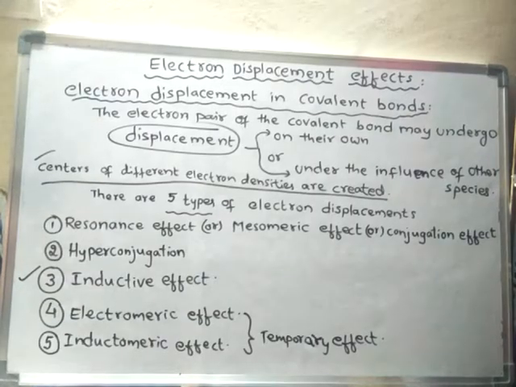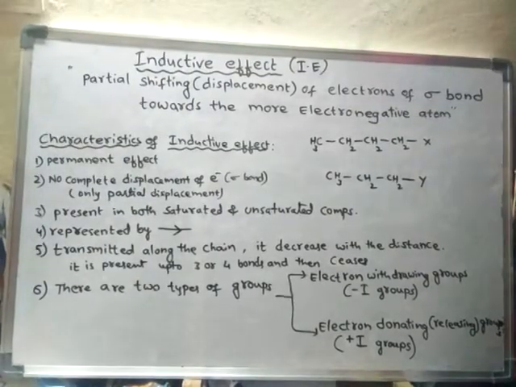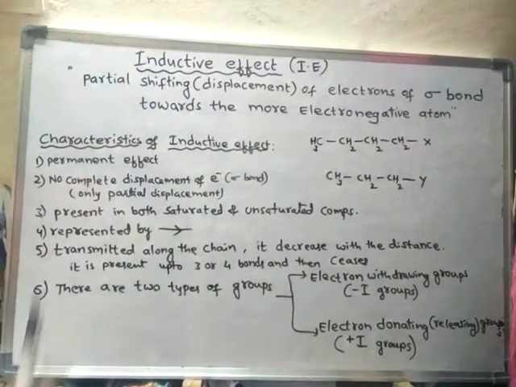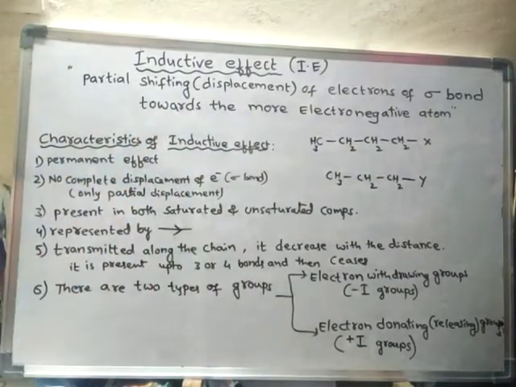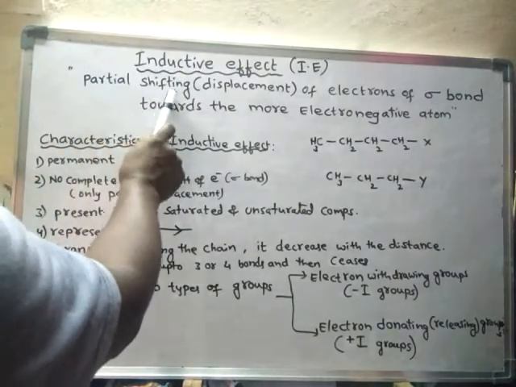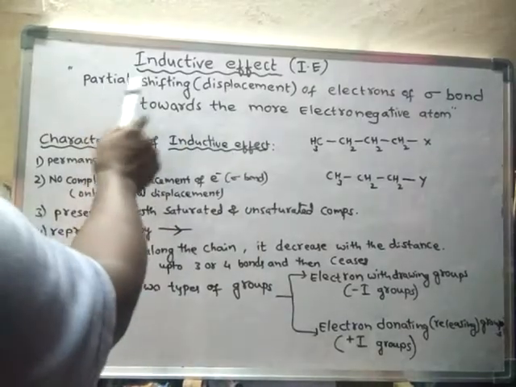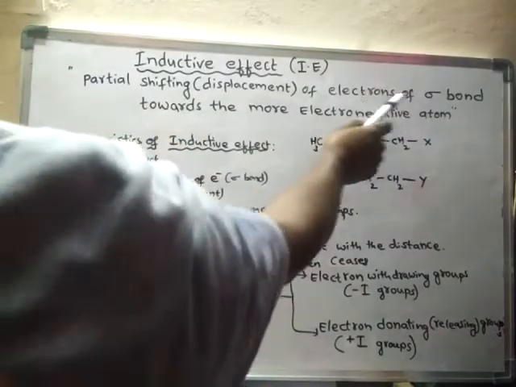What is inductive effect? This is one type of electron displacement effect. It is nothing but partial shifting or displacement of electrons of a sigma bond.